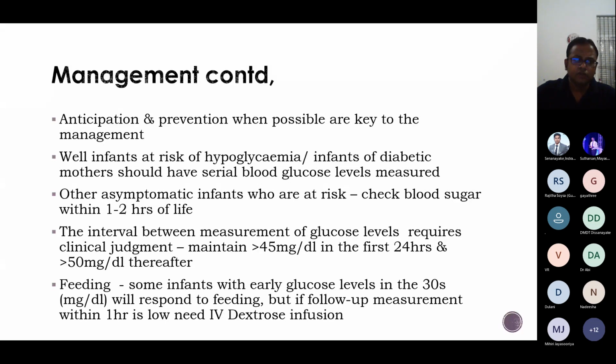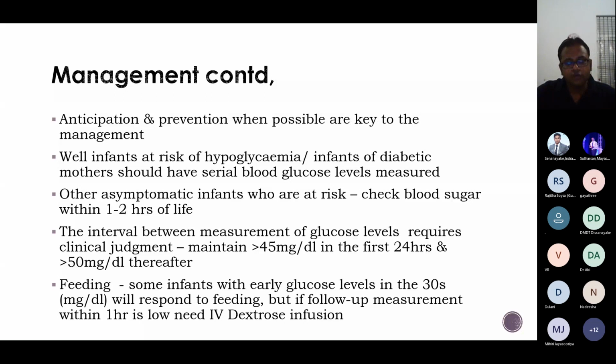So other asymptomatic infants who are at risk, you have to check blood sugar within 1 to 2 hours of life. So we mentioned earlier, around 2 to 3 hours after birth, they will have a quite low blood sugar level.